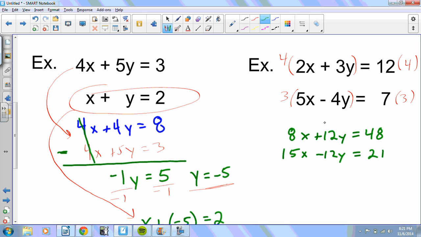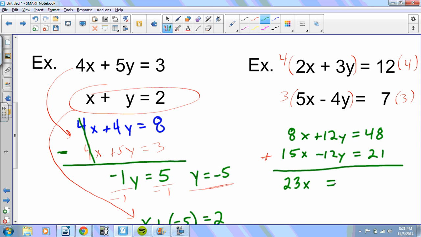So now as we look, I have coefficients that are matching, but they are opposites. And we said when you have opposite coefficients, we're going to add them together. So let's go ahead and add down here. 8x plus 15x is 23x. Okay, 12y minus 12y is going to cancel out.